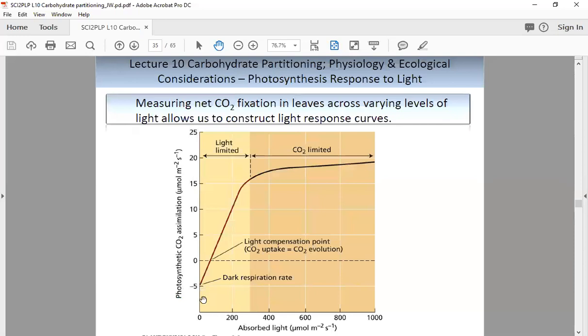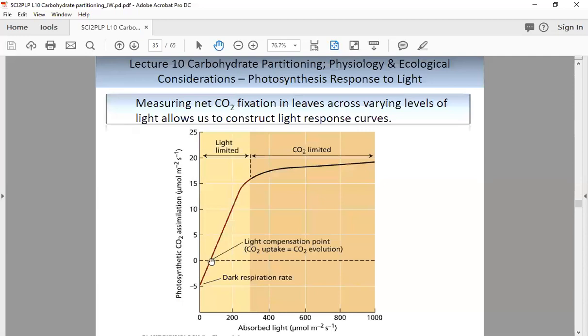Then as we increase the amount of absorbed light, carbon dioxide assimilation levels start to increase. And when CO2 assimilation exactly equals carbon dioxide released through mitochondrial respiration, this is referred to as the light compensation point.